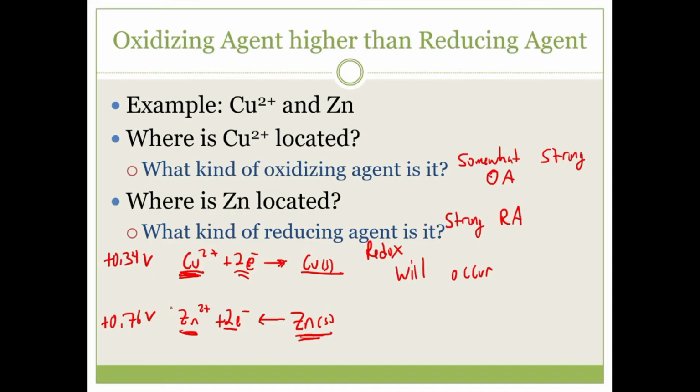Remember, it's positive. On your table, it'll say negative 0.76 volts, but that's for the reduction reaction. We're concerned with the oxidation reaction, so we swap the signs. So overall, this reaction has an overall positive voltage of, I think, 1.1 volts. That positive voltage means that this reaction will spontaneously occur.